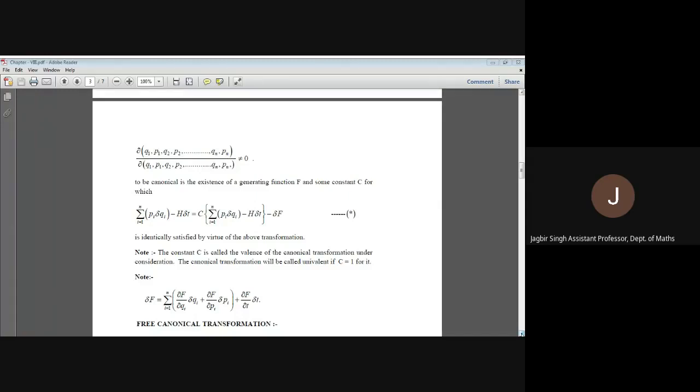And now replace these values in star, and then compare the coefficients of δqi, δt and δpi on both hand sides. So on the left hand side, the coefficient of δqi is p̃i, but on the right hand side it will be c pi and then ∂F/∂qi.